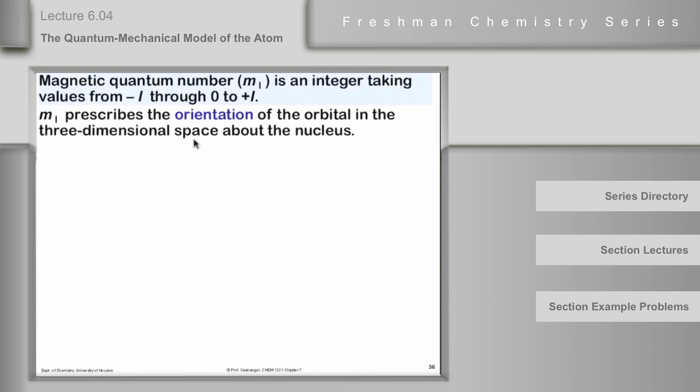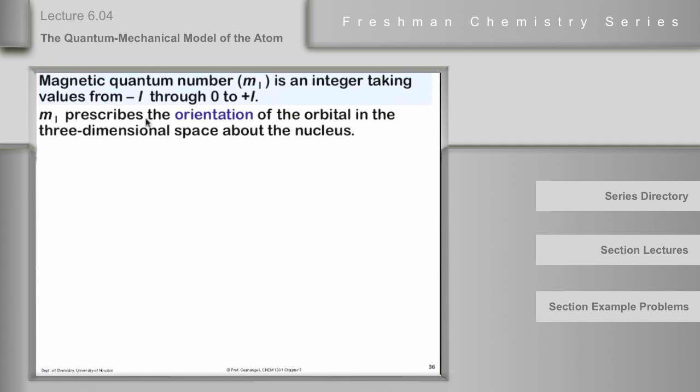Now, m sub l does something different. It prescribes the physical orientation of an orbital around the Cartesian coordinates: z-axis, x-axis, y-axis. The orbitals within a particular type of subshell, for example the p, lie along the z-axis, along the x-axis, along the y-axis.